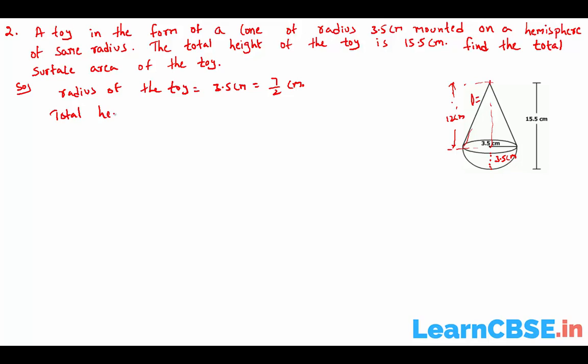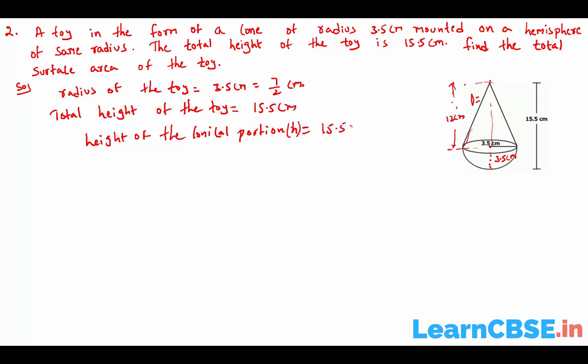Total height of the toy equals 15.5 centimeters. Then the height of the conical portion h equals 15.5 minus 3.5. If you observe, this is 15.5, and if you subtract the radius of the hemispherical portion, you will get the height of the conical portion, 12 centimeters.